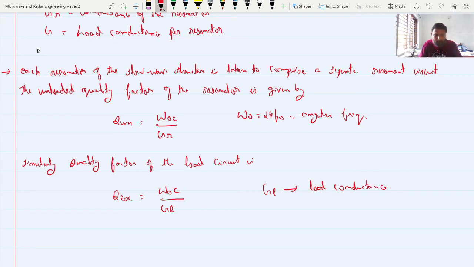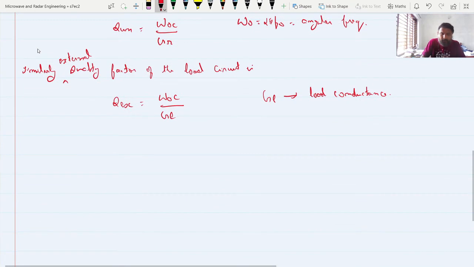So the external quality factor of the load circuit is given by Qx equals omega naught C by GL.